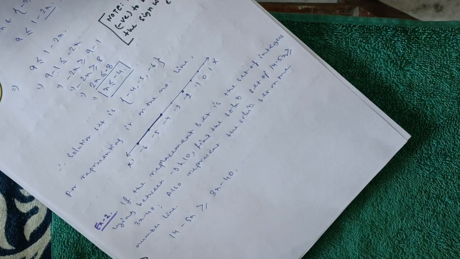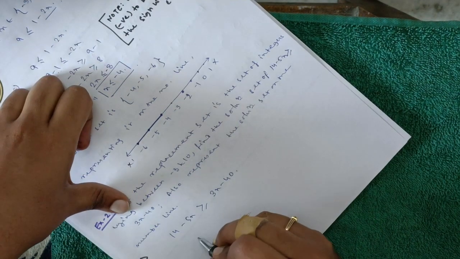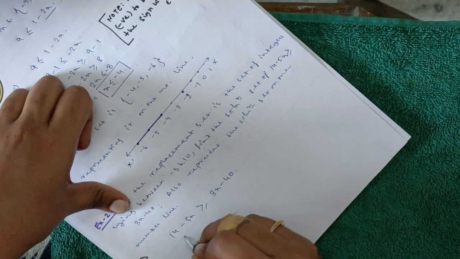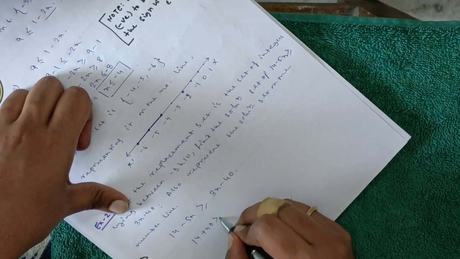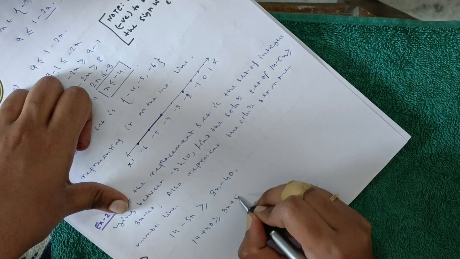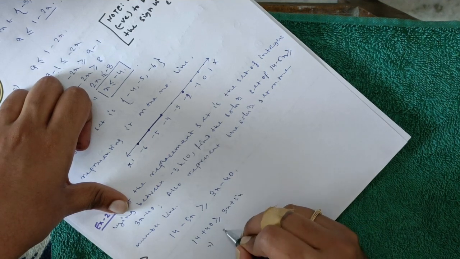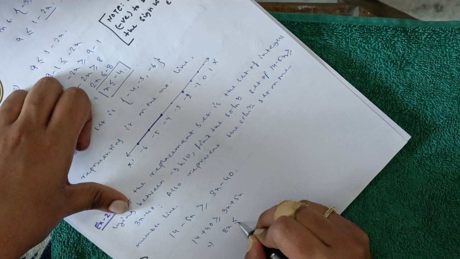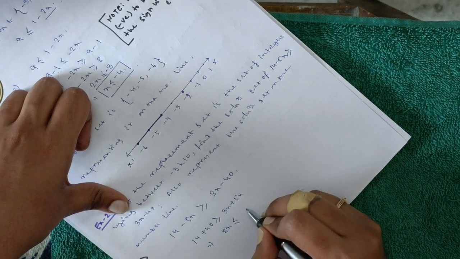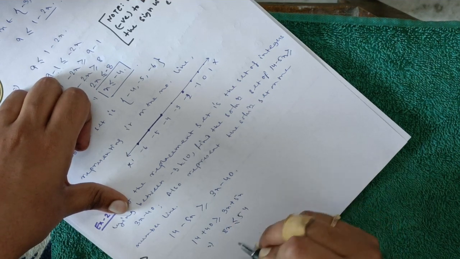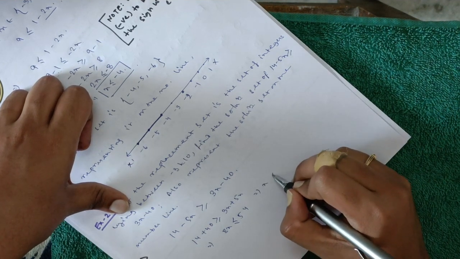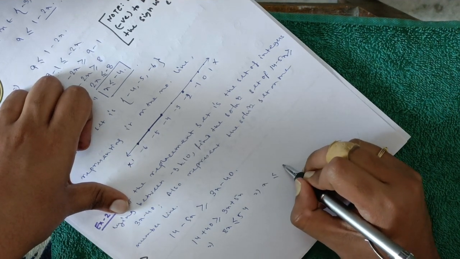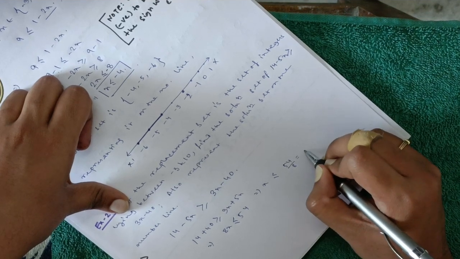So it will be 14 with 3x, let's take 14 plus 40. It's 3x plus 5x. It gives 8x equals to 54. Let's say 54, and x will be 54 by 8.